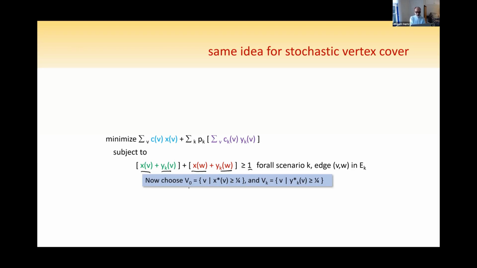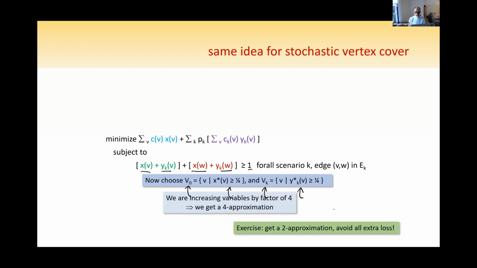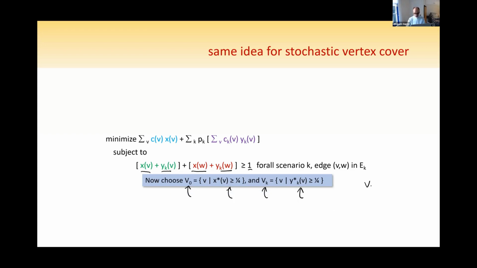So if you choose the vertex set V0 to be all the guys who are at least 1/4, and choose Vk to be the guys who are at least 1/4 in the kth scenario, then the claim is that V0 union Vk is a vertex cover for scenario K. Just as simple as that.